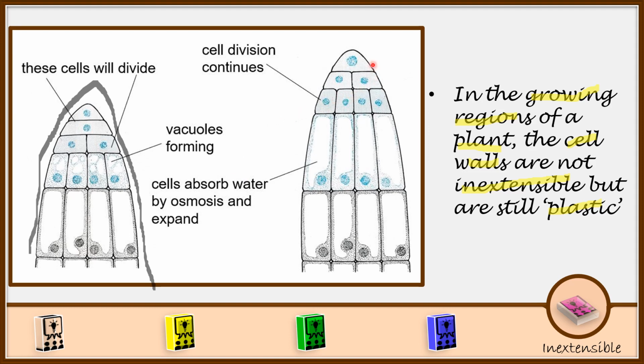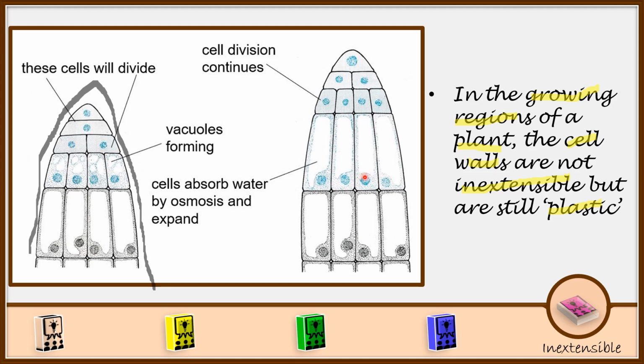Cell division takes place in these cells at the tip, whose cell wall is extensible and still plastic. So when we come to this region, this is where the cell is absorbing water and expanding, and the vacuole is the one taking in water and continues to expand.